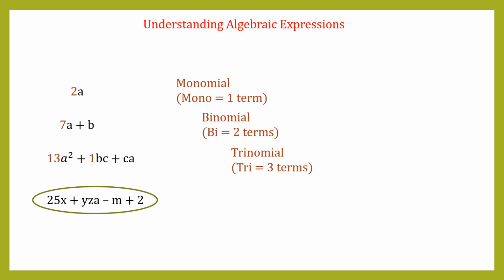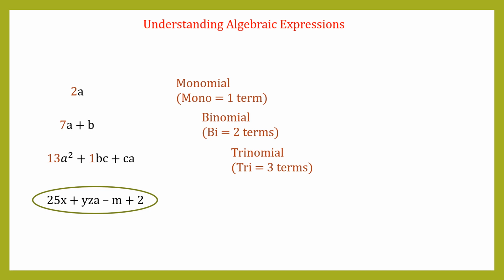Let's take up the fourth example. 25x plus yza minus m plus 2. Children, tell me, how many variables are there in this expression? Yes, we have variable x, y, z, a, and m.